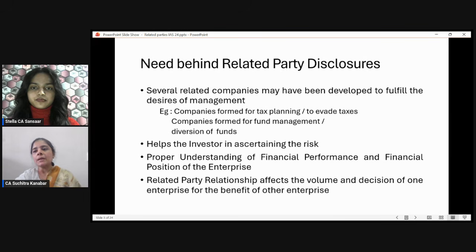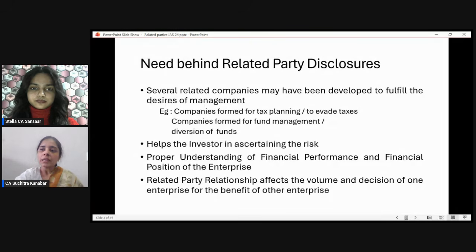Say, for example, company A is selling goods to company B at a price which is higher than that which is available in the market. So why is company A selling to company B at a high price? Because company A has a 75% stake in company B. So company A is the holding company and B is the subsidiary company.